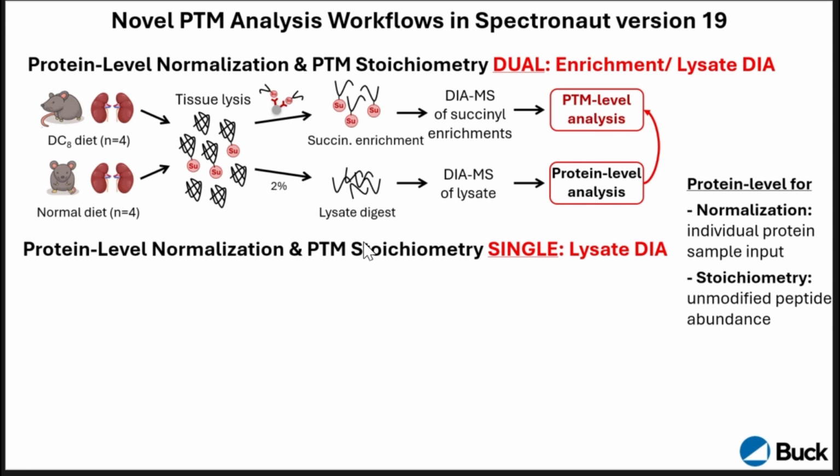We have until now usually done this normalization, but I've had a lot of discussions with Martin Larsen, for example, because in the end for the cell it doesn't matter where the regulation comes from, whether it's protein level or PTM level, the cell sees the PTM go up. But sometimes it's just nice to know, is it PTM regulation or protein regulation?